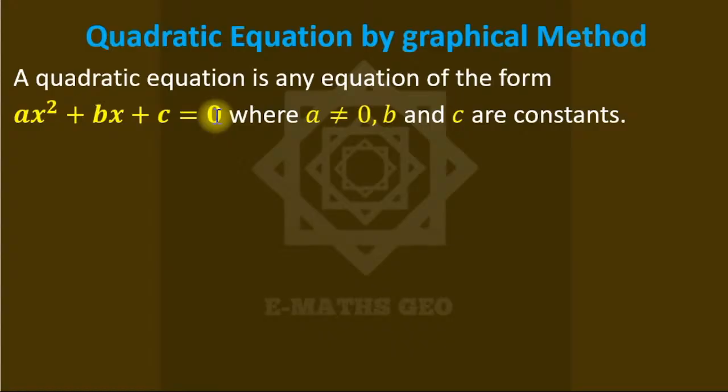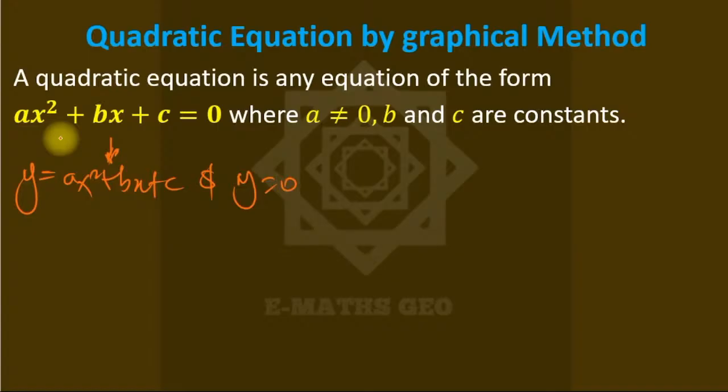So we use y equals ax squared plus bx plus c, and y equals 0. If you remember, this is a quadratic function. That is why y is 0. So this means two different functions that intersect.